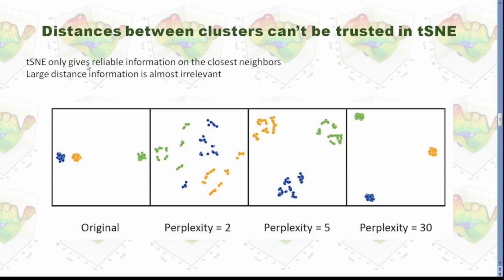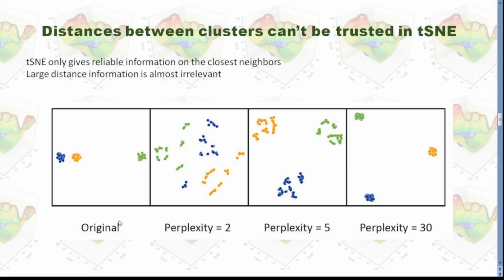Also, the distances between clusters can't be trusted in t-SNE. t-SNE only gives reliable information on the closest neighbors. Large distance information is almost irrelevant.